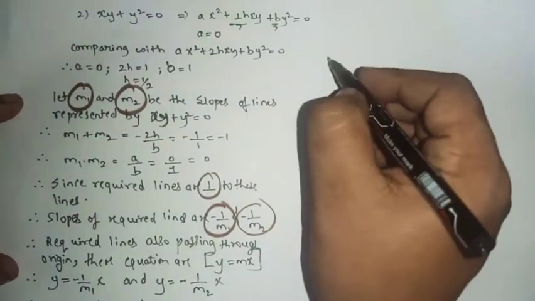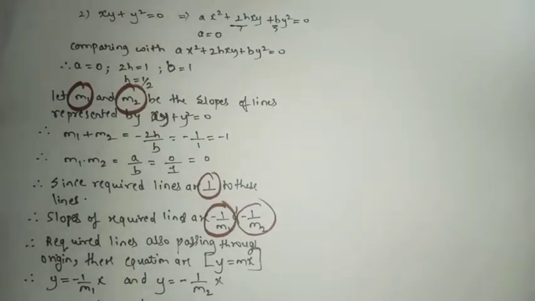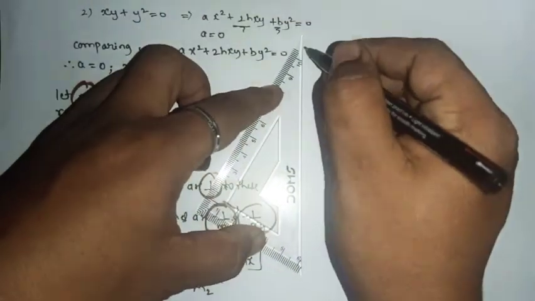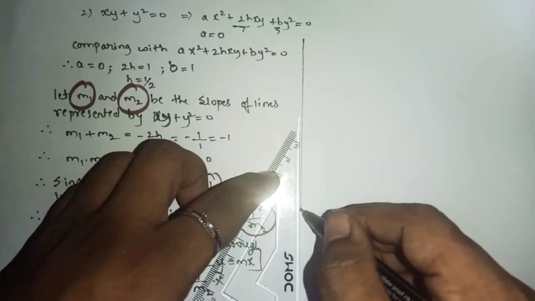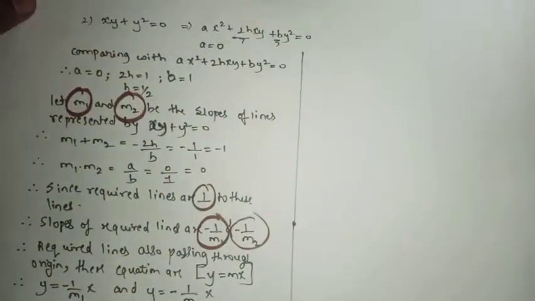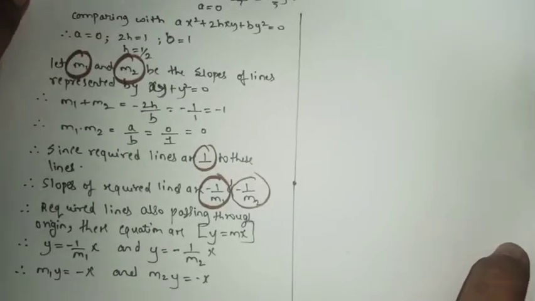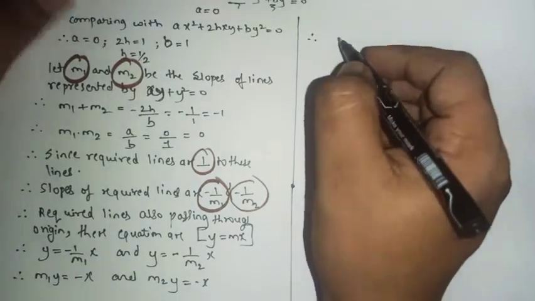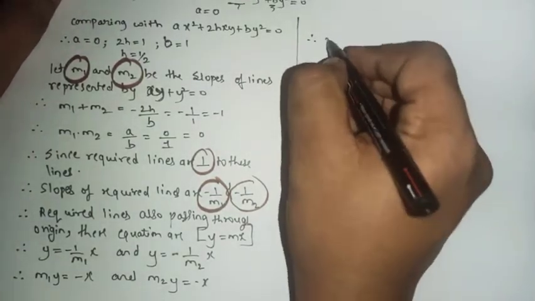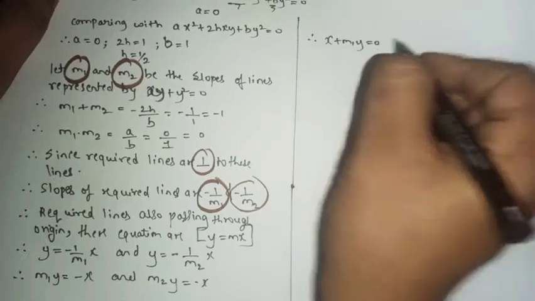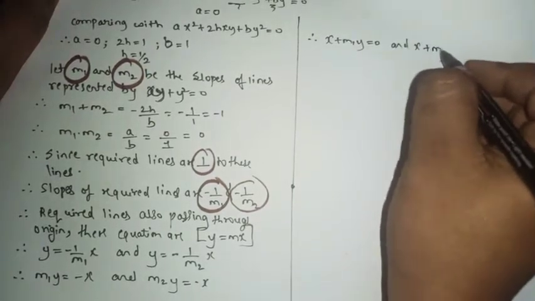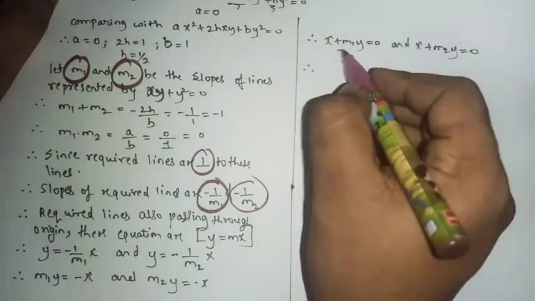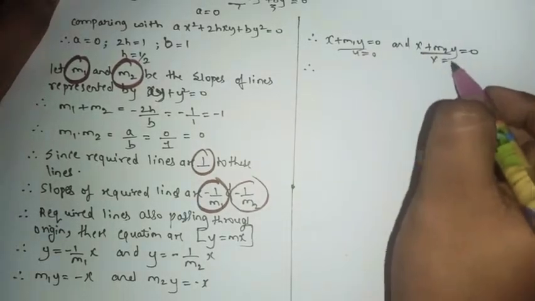After that, shift this x to the left hand side, so you will get x plus m1y equal to 0 and x plus m2y equals 0. We'll consider the first part as u equal to 0 and the second part as v equal to 0.